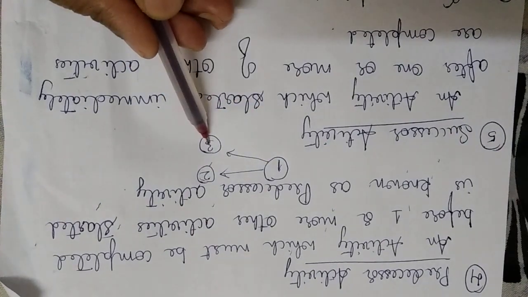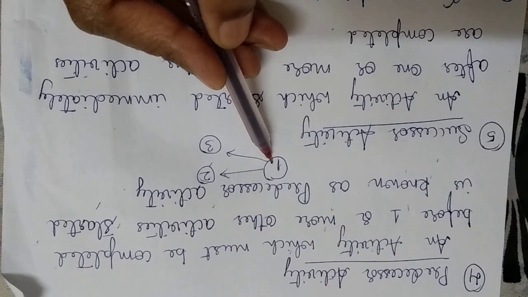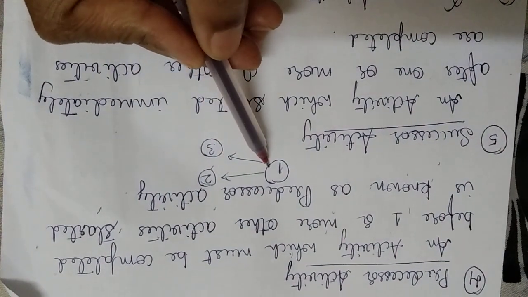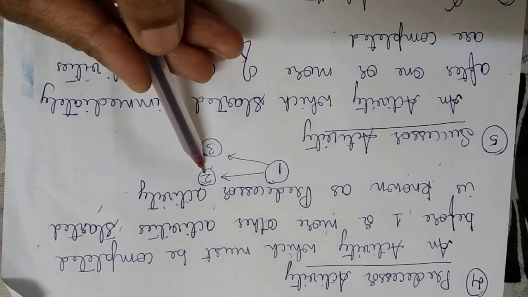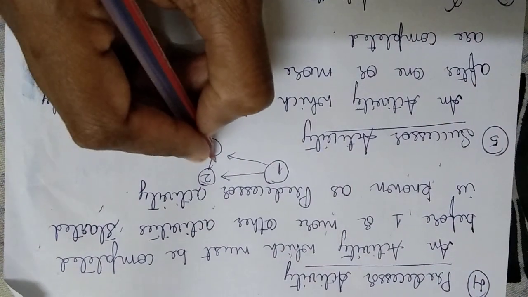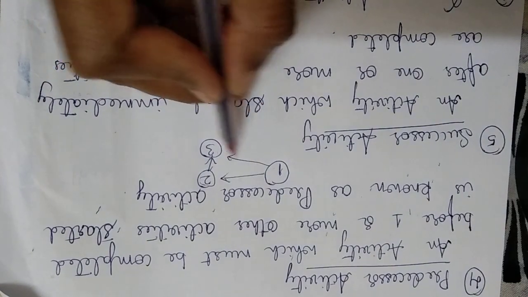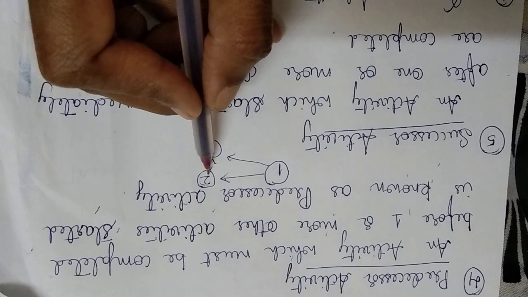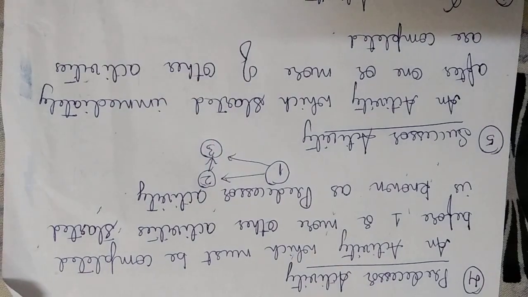The predecessor for 3 is 1. So I have to complete 1 for me to take up the second and the third. If I draw one more line, I have to complete these 2, and then we will go with the third one.